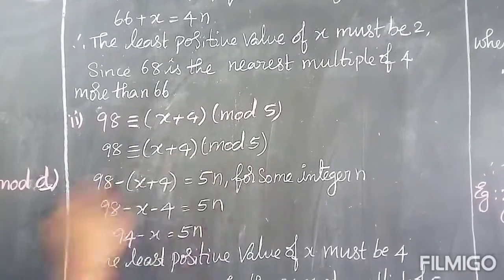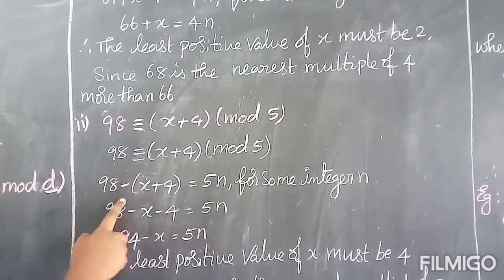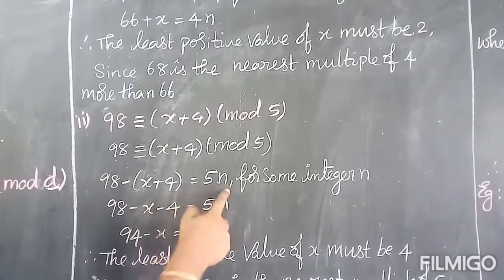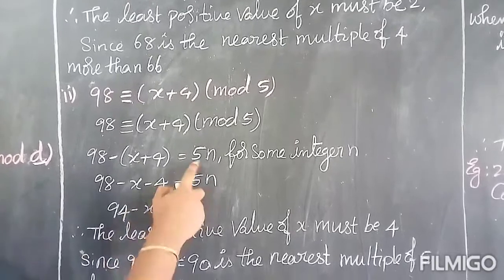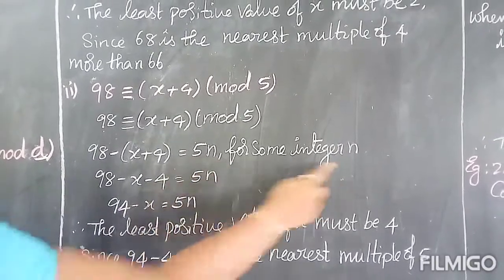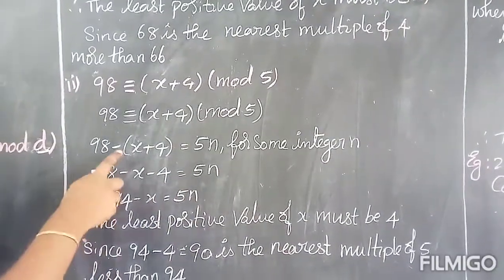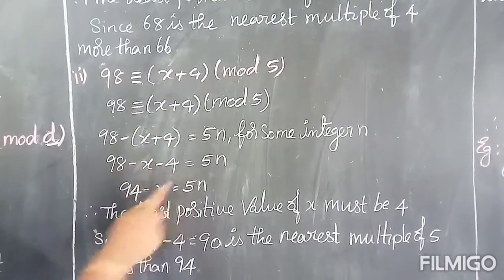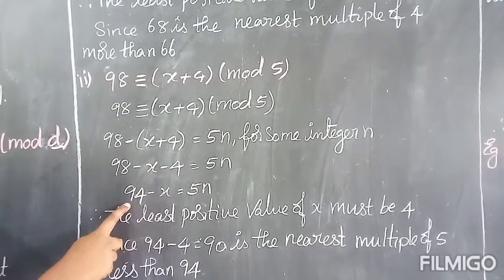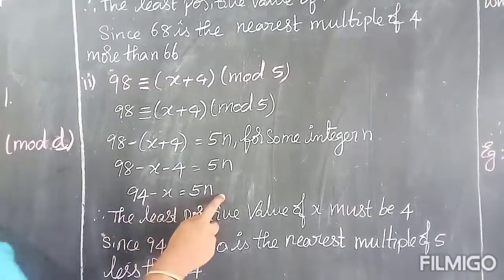Write the given as it is: 98 minus x plus 4 equal to 5n. Here you may take this integer as n, k or like that. Here I take 5n for some integer n. So, minus x minus 4, multiplying with the minus, you will get 98 minus 4, which is 94, minus x equal to 5n.